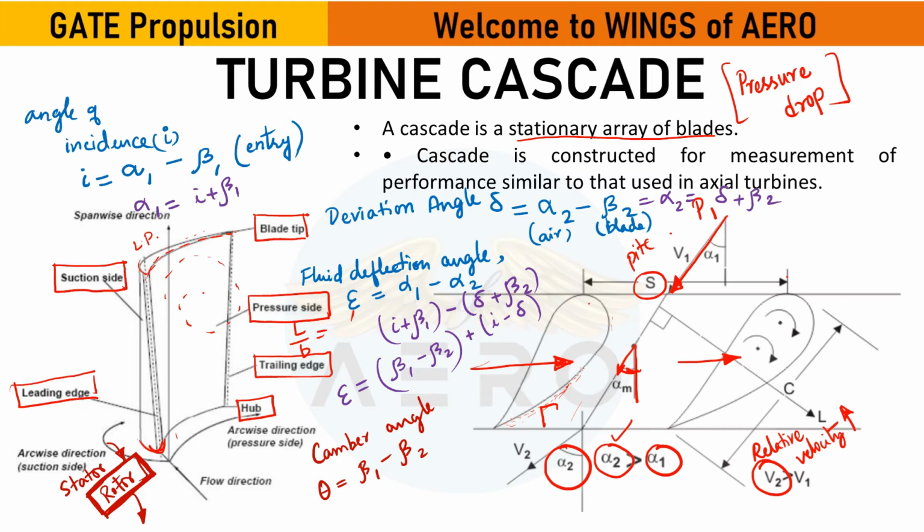It is the difference between the blade angle at the entry and the exit. So when you are finding all those parameters for the stator, it will be followed, and if you are finding for the rotor, the same thing will be followed. It depends on whether you are finding for the stator or the rotor.